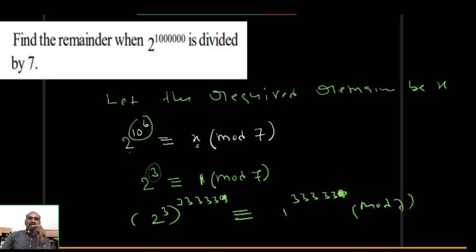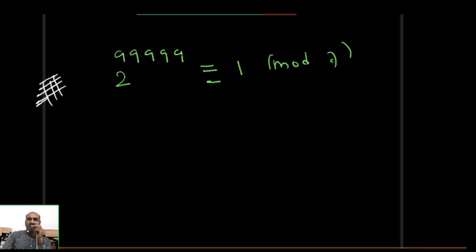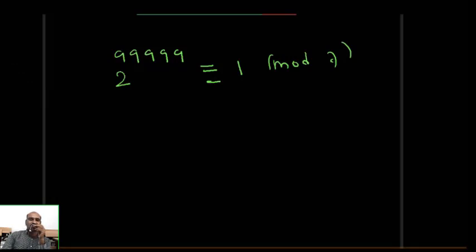Okay, sorry. 2 power 9 9 9 9 9 is congruent to 1, since 1 to any power is 1 only, modulo 7. What this shows: when 2 power 9 9 9 9 9 is divided by 7 it gives remainder 1. But what you want is 2 power 10 power 6.